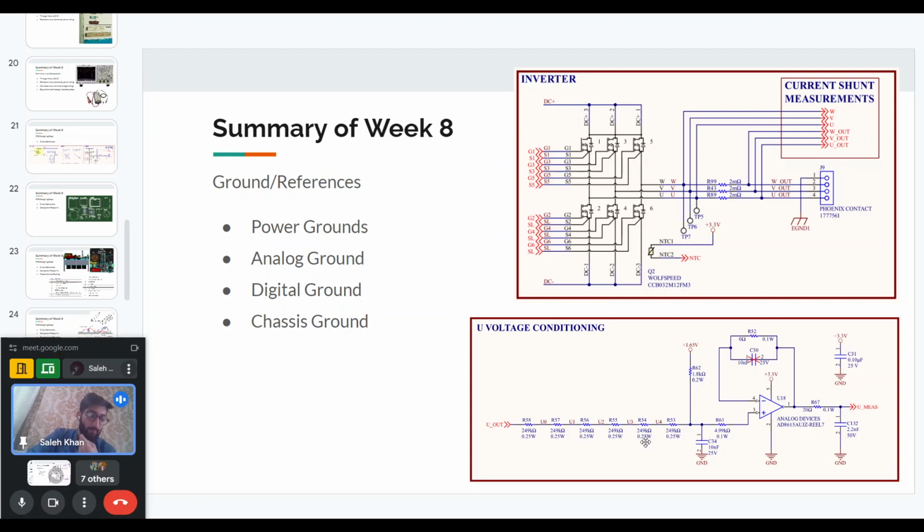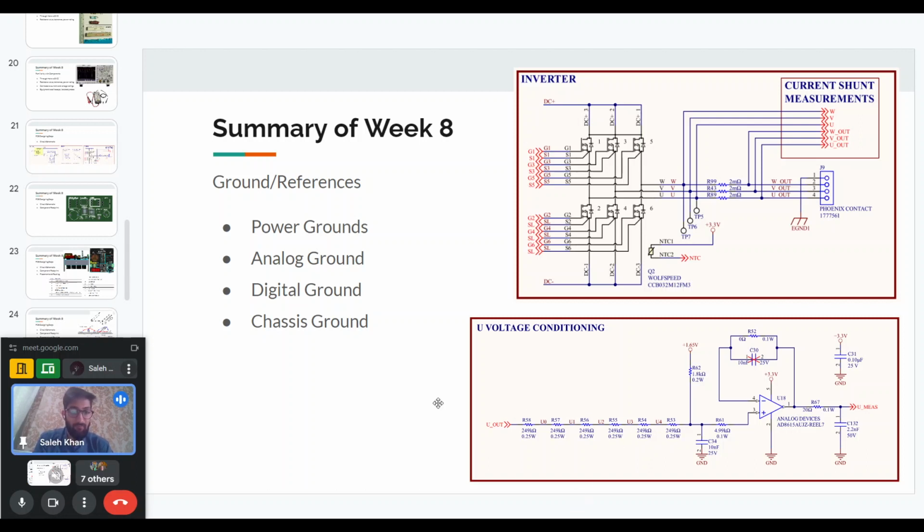By digital ground, we mean related to the digital controller, and there we can have voltages that are either on or off. So it will be 0 or 3.3, like in the case of your PWM voltages. And in some other cases also we have these kinds of digital voltages, and those aspects will have a separate ground.